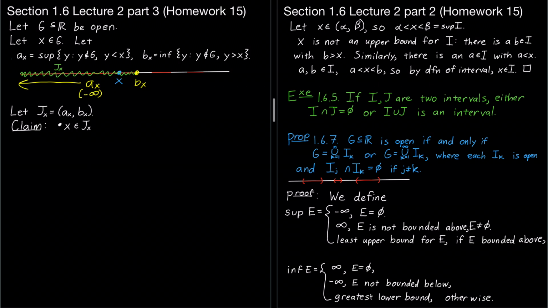It can't be B sub X, it's got to be less than it. Second thing I want to claim is that J sub X is a subset of G.